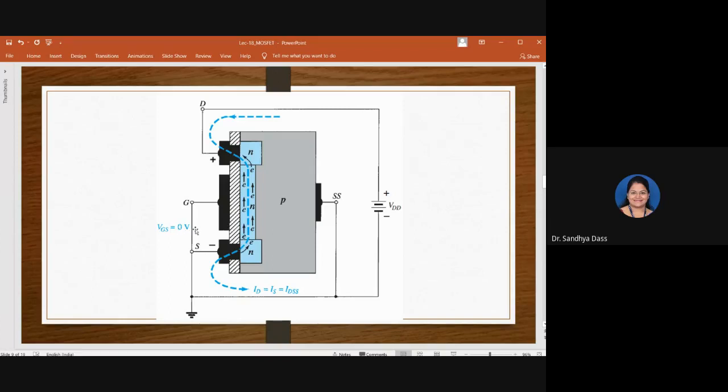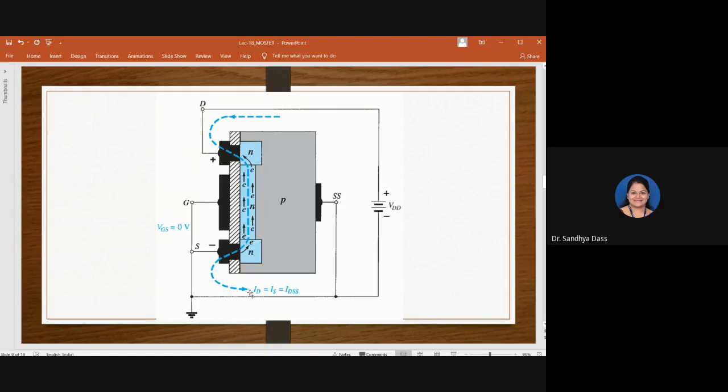Now you know that in FET, the output, the drain current, is controlled by VGS. That's why FETs are voltage controlled devices. Recall this: by varying the voltage applied across gate and source, the output drain current can be controlled.